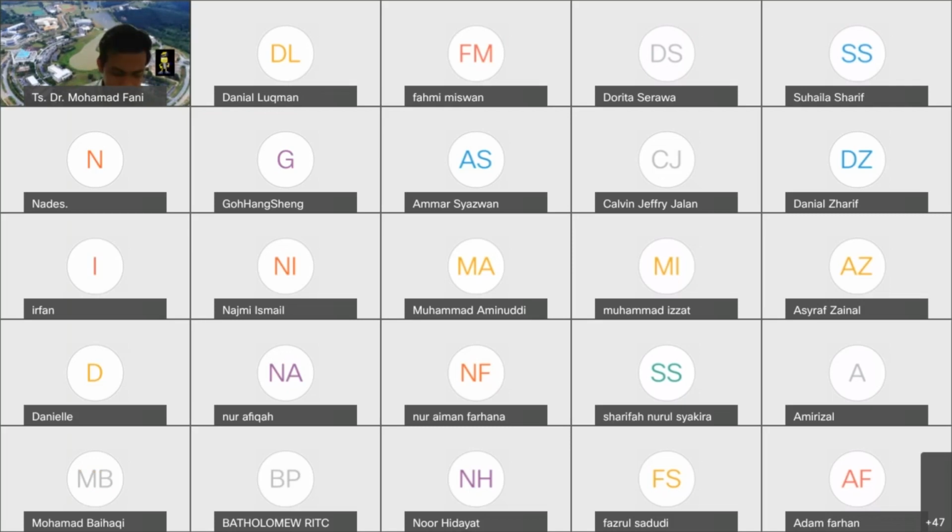Ada doktor. Muhammad Hafiz bin Muhammad Rafiq. Tak ada juga. Kishan ada tadi. Okey. Muhammad Hafiz bin Muhammad Rafiq tak ada.